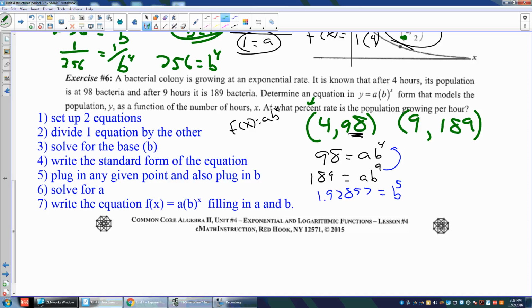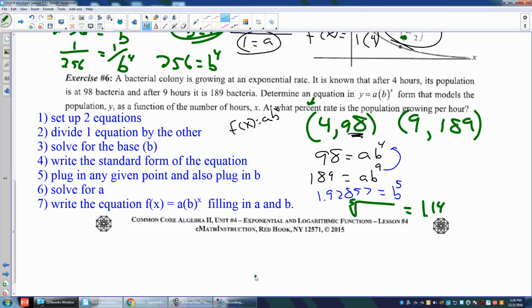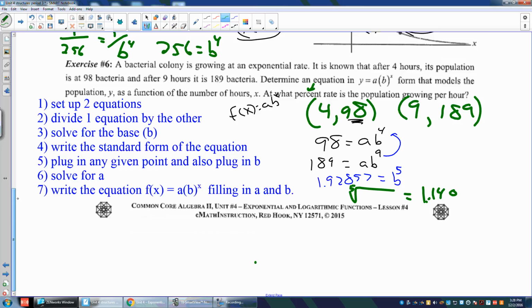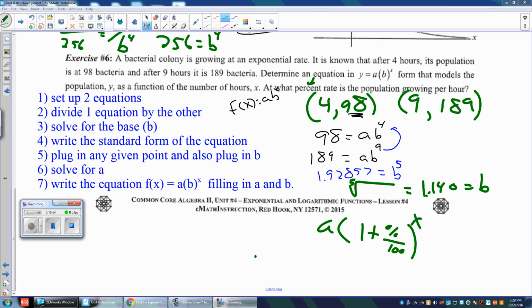When I take the 5th root of it, let's see if I rounded it correctly. 1.14037. Good. It's rounded well. 1.140. It says what percent?